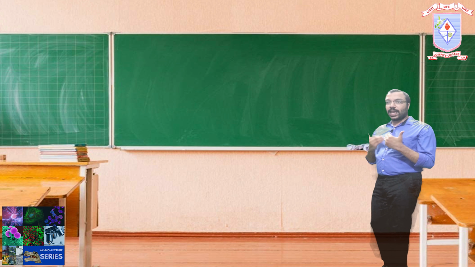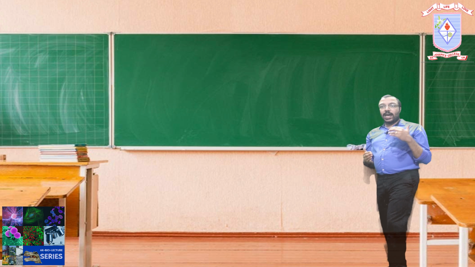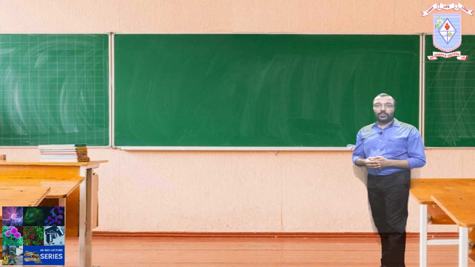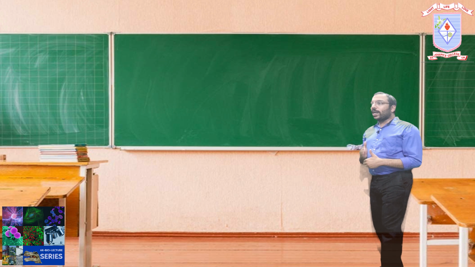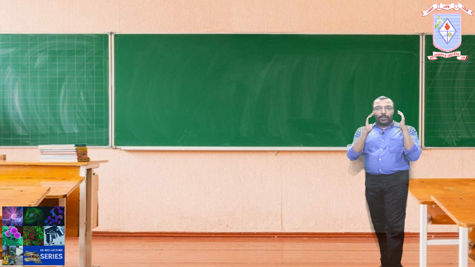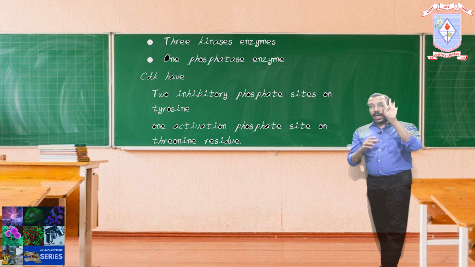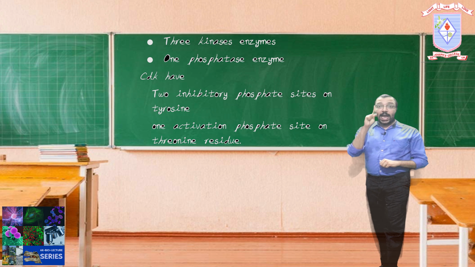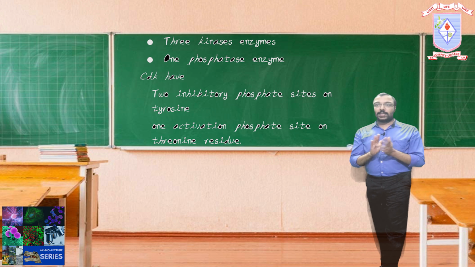Actually, the regulation of CDK activity is a multi-step process. Before entering into the regulatory process of CDK, keep in mind that 4 other regulatory enzymes, 3 kinases and 1 phosphatase, are involved in this process.